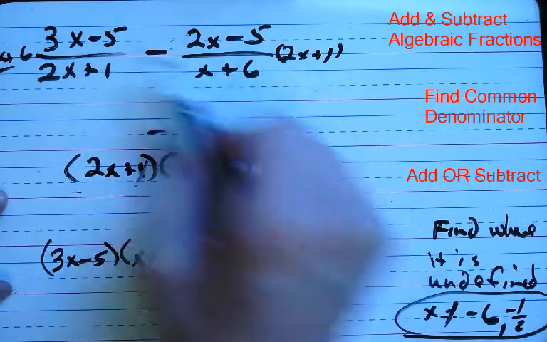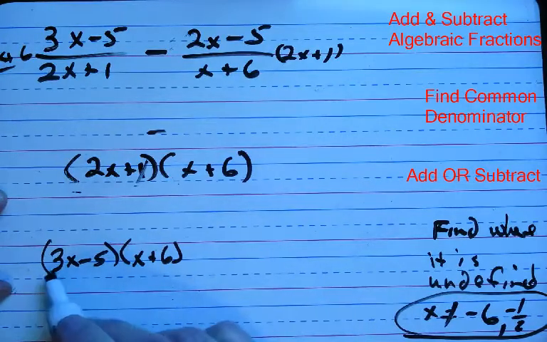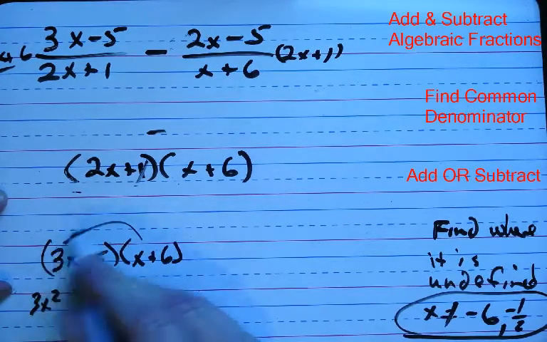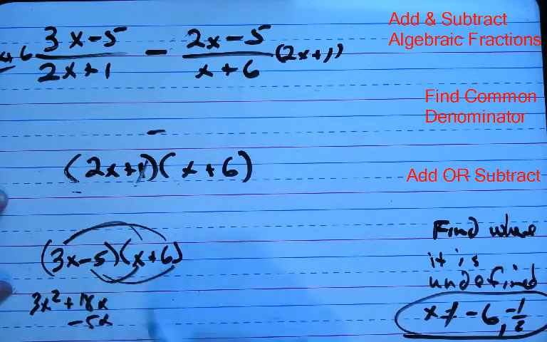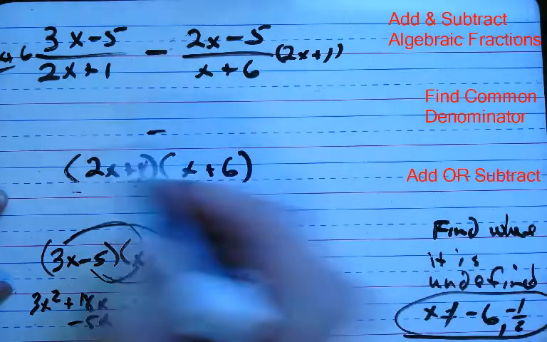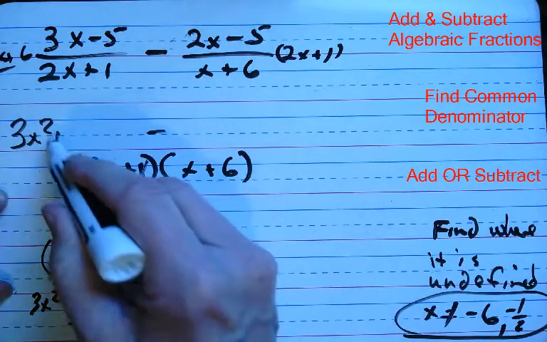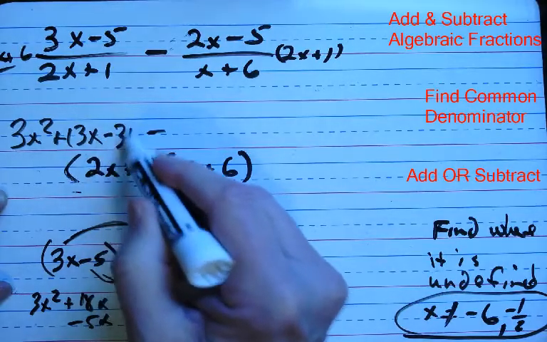So I'm taking the bottom of this one times the top of that one. That's what I'm doing, right? So I get 3x squared plus 18x minus 5x minus 30. So that is 3x squared plus 13x minus 30.